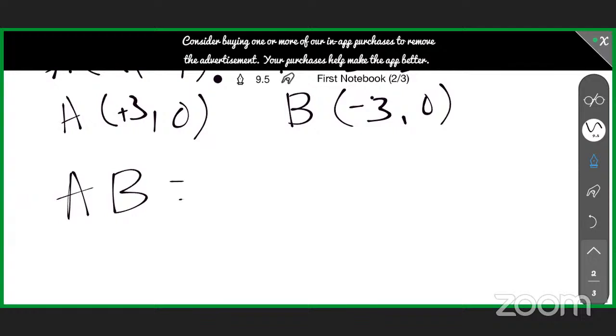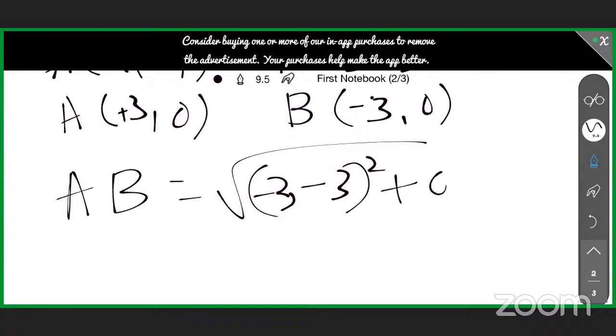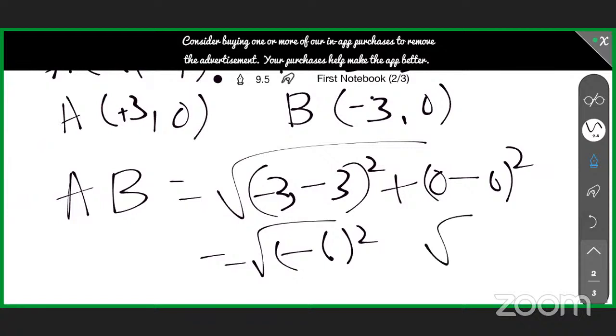Distance AB is equal to root of (minus 3 minus 3) whole square plus (0 minus 0) whole square. That will be equal to minus 6 whole square, that is root of 36, that is equal to 6. So my AB is equal to 6.